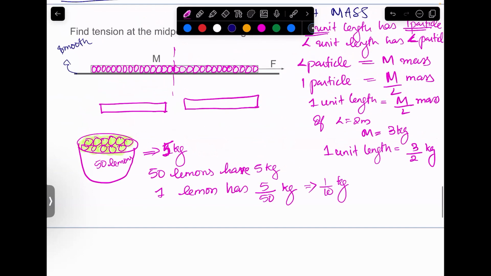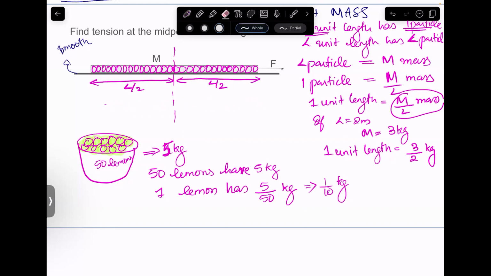One unit length has m by L mass. So suppose this is L by 2, this is L by 2, and this is L by 2. So what is the mass of these two pieces? These are equal lengths, right?